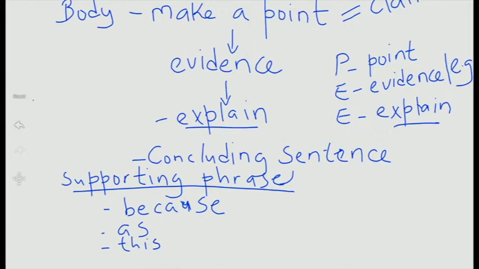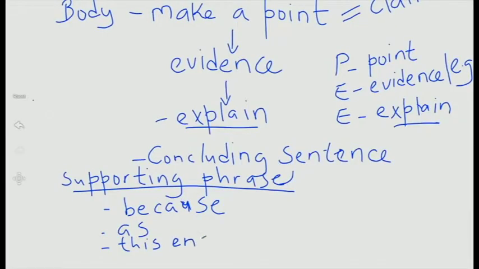So these are just a few of the supporting words or phrases that you can use. This ensures that, so it's an example of a phrase that you can extend there, which means that once you have got this supporting phrase, you are going to support or explain what you have just discussed. That is the claim that you have made. And by so doing, you are making sure that even the others who are in opposition of what you are saying see the light. All right.